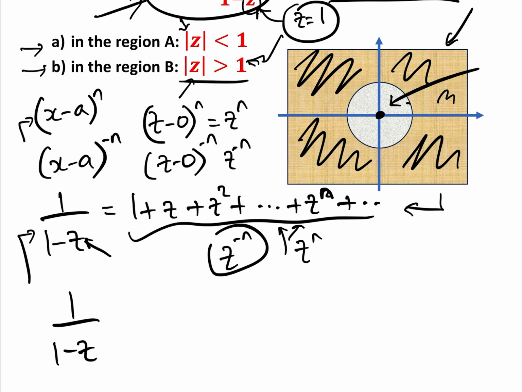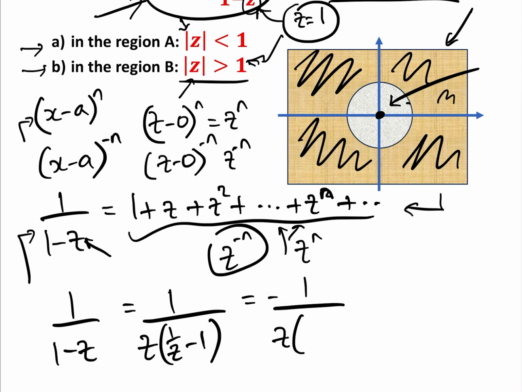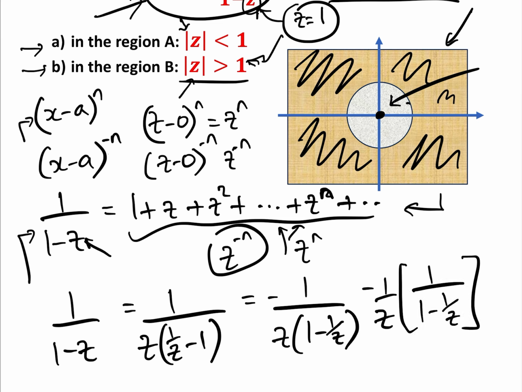Okay, so basically what we say is, 1 over 1 minus z equals 1 over, let's take z out as a factor at the bottom, and that gives us 1 over z times (1 over z minus 1), and that equals minus 1 over z times 1 over (1 minus 1 over z).